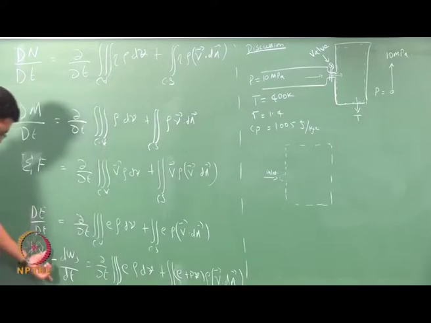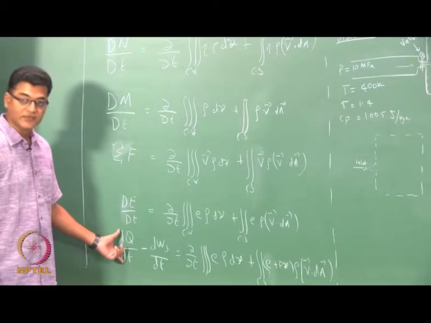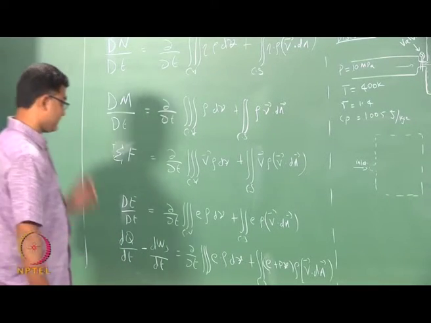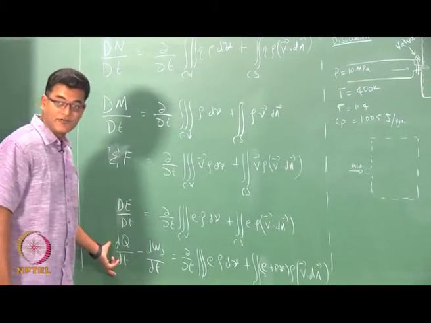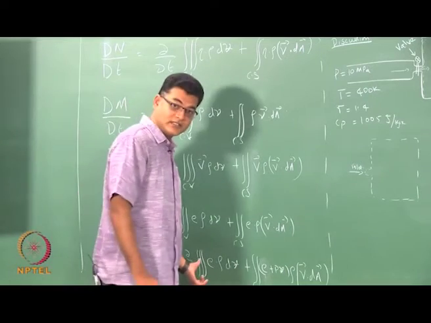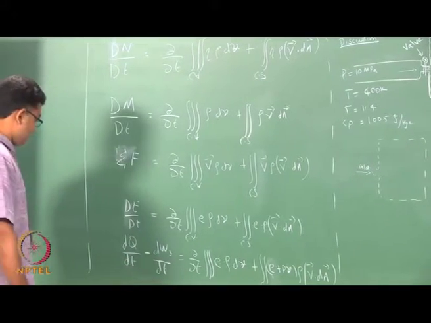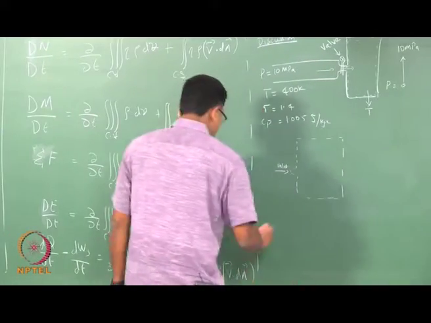So, I apply the conservation of energy equation, the application of Reynolds transport to the second law of thermodynamics, which we derived in the last class, and we are going to apply this there.